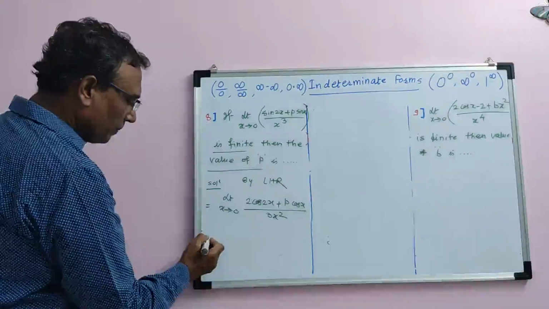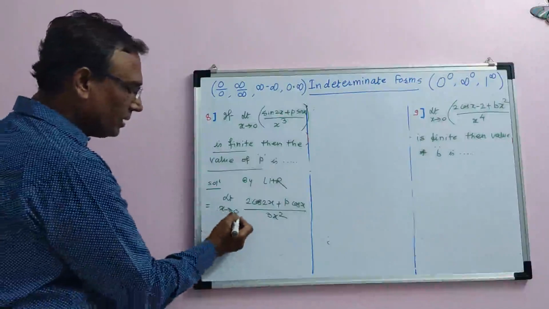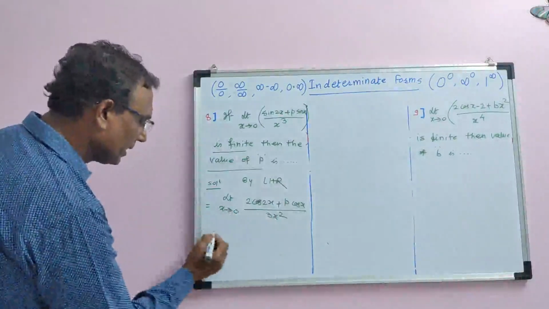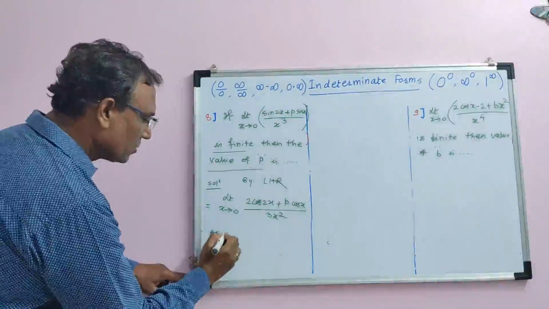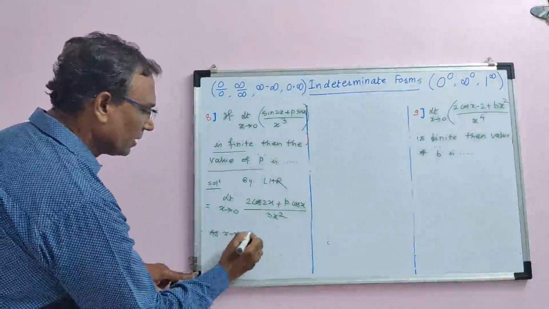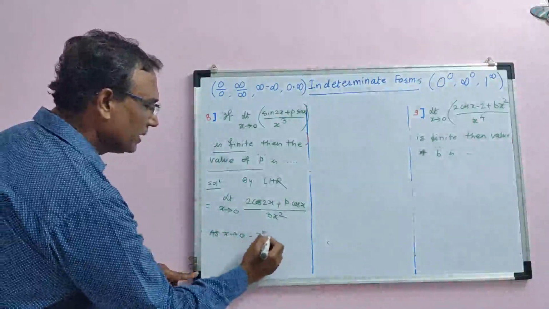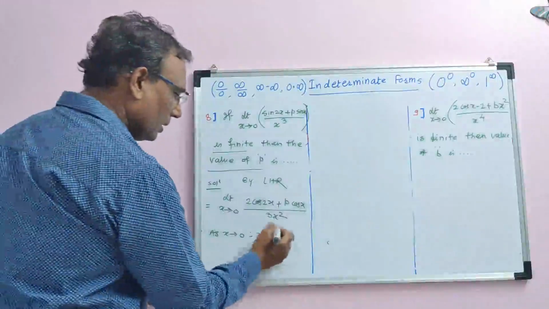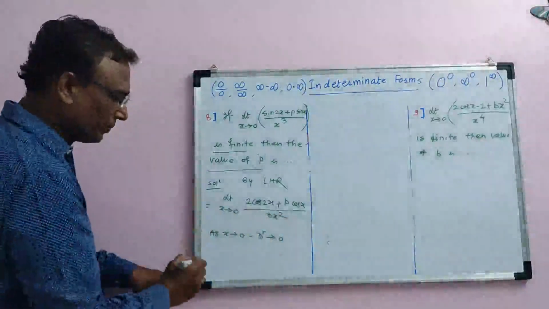Now, as x tends to 0, the denominator tends to 0. In short I am writing denominator tends to 0. For x equal to 0, this is 0.